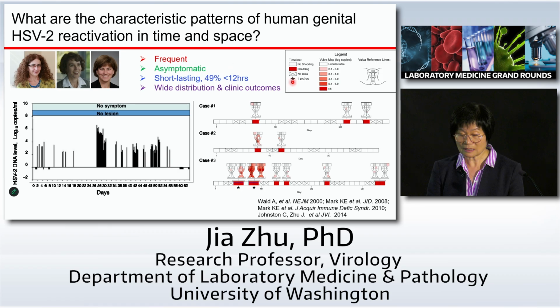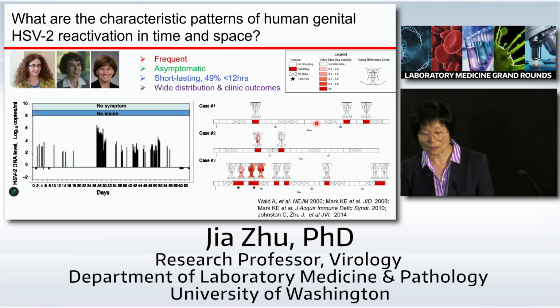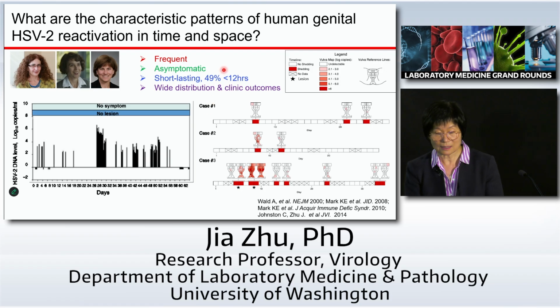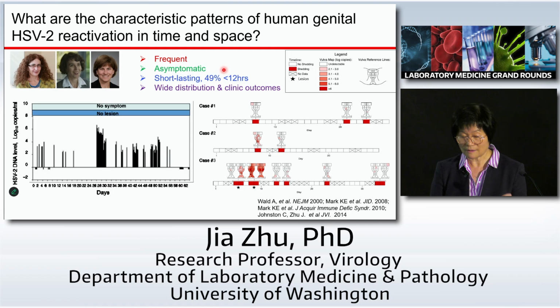The viral shedding distribution and clinical outcome can also vary widely, from completely asymptomatic to sporadic short-lasting recurrence, and to frequent and severe ulcerations that require suppressive therapy. But above all, asymptomatic shedding is the most common form of HSV reactivation in humans.